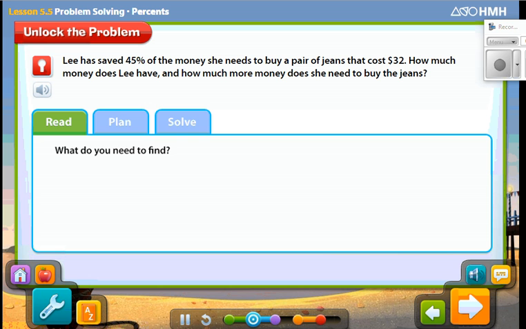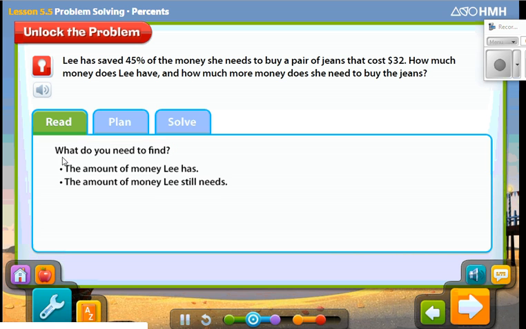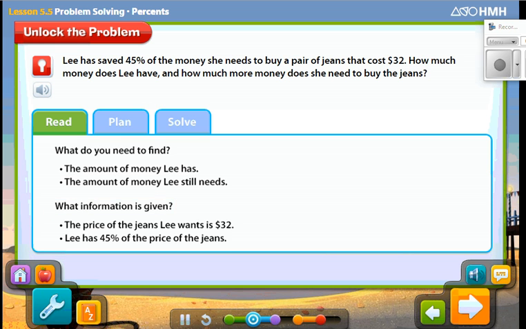First, read the problem. What do you need to find? You need to find the amount of money Lee has and the amount she still needs. What information is given? You know that the jeans Lee wants to buy cost $32 and that she has saved 45% of that amount.